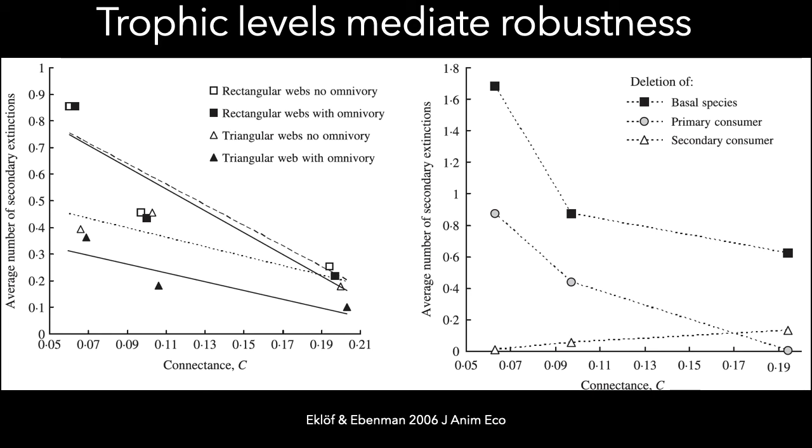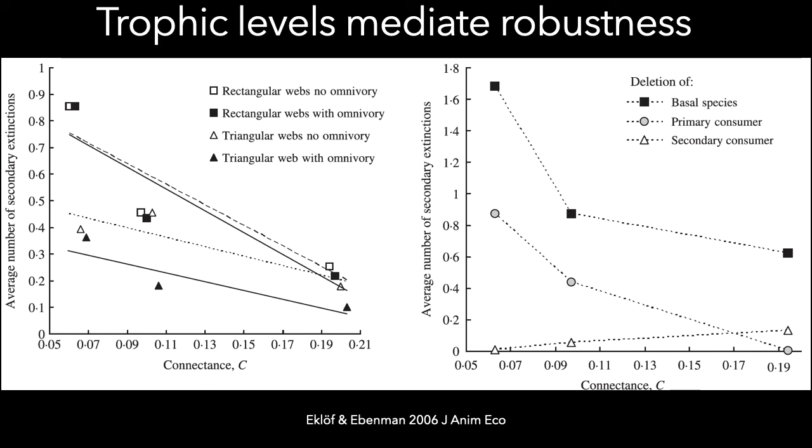On the right side, we have the same type of models, but where these trophic levels were divided in basal species, for instance, the phytoplankton, the autotroph organisms, the primary producers, in primary consumers and secondary consumers.